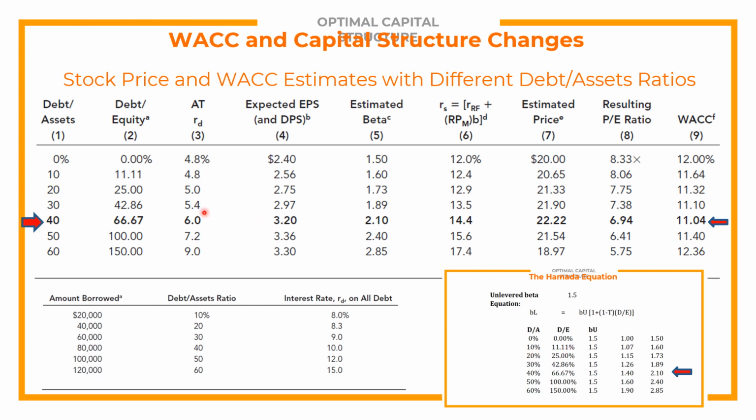So now we can continue. The cost of interest rate at 40% of debt, the 80,000, was given in the problem. Then we have the estimated expected earnings per share. So we just compute the earnings per share again.